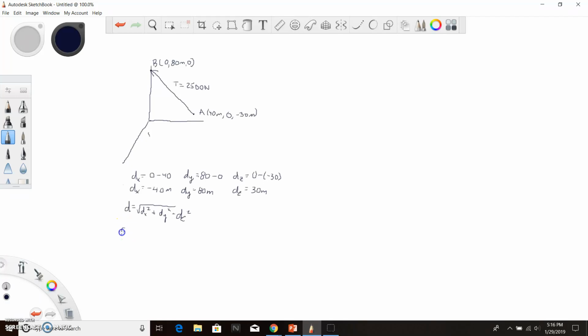So d is going to equal the square root of negative 40 squared plus 80 squared plus 30 squared. So d ends up being 94.3 meters.